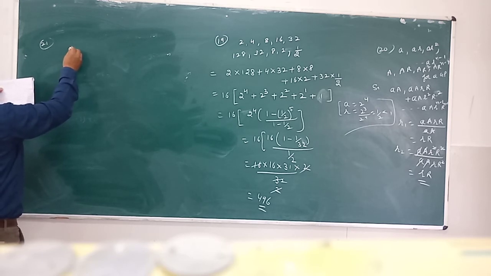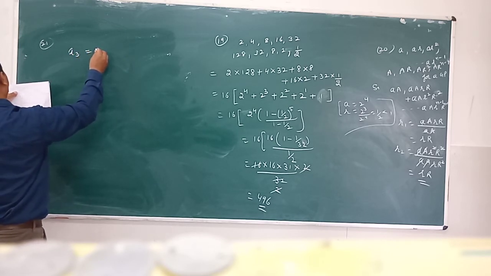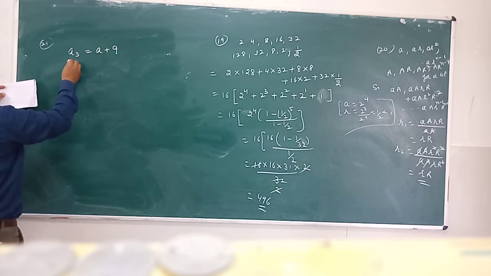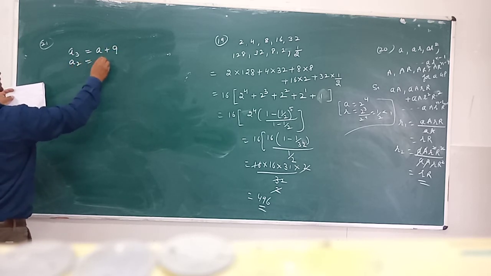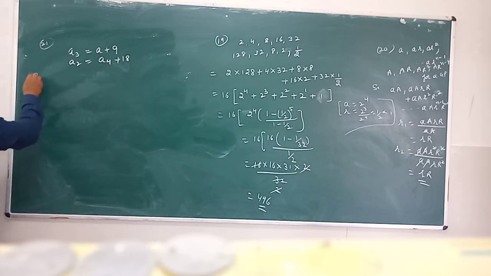Find 4 numbers of the GP in which the third term is greater than the first term by 9, and the second term is greater than the fourth term by 18. This is the question.